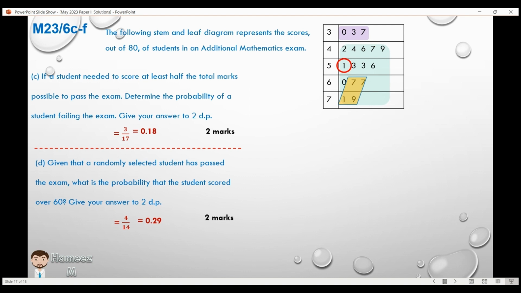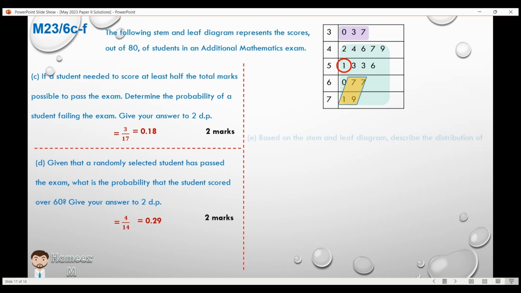In a case like that, we will be comparing the number of students who got over 60 out of the total, which is 4 out of 17, to the number of students who passed out of the total, which is 14 out of 17. So by substituting into the conditional probability equation, we get 4 out of 17 divided by 14 out of 17, which works out to be exactly the same as what we have, 4 out of 14 or 0.29.